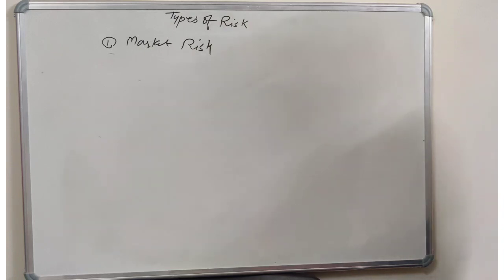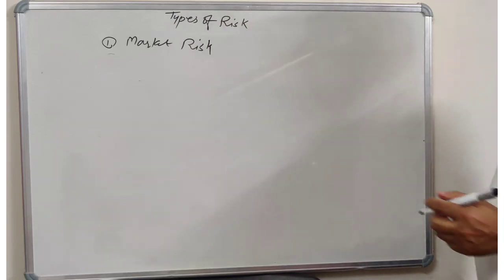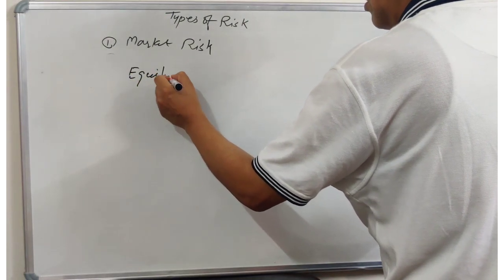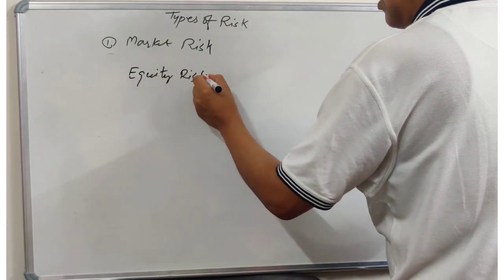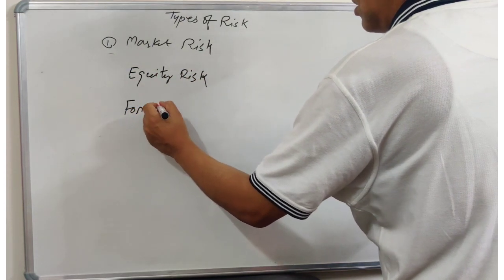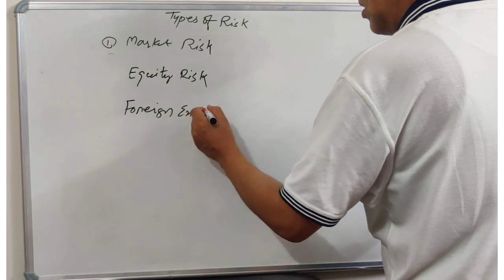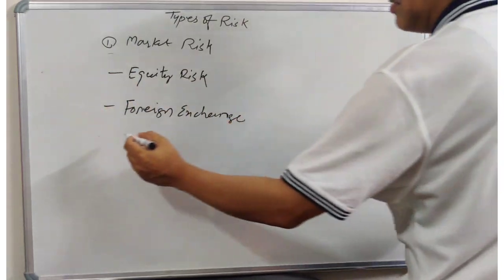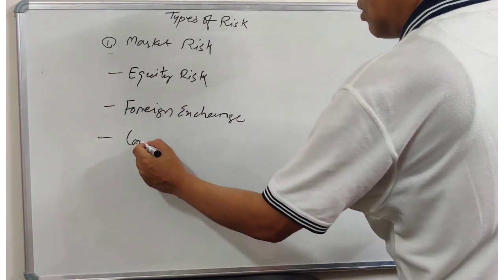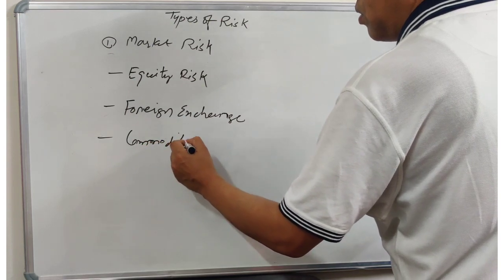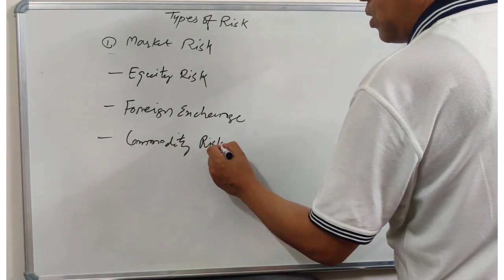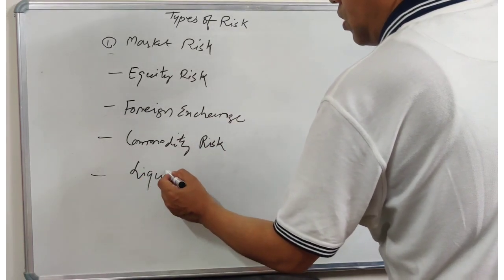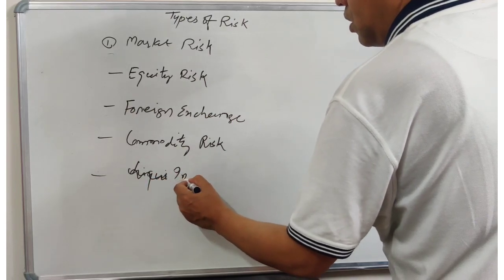And market risk itself has various sub-risks, like we can have equity risk, foreign exchange risk, then commodity risk, then we have interest rate risk.